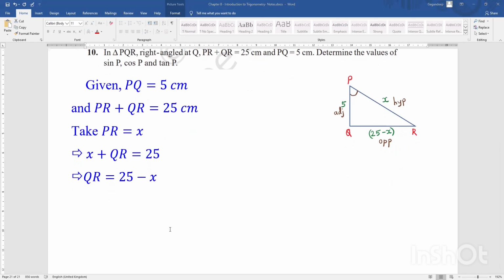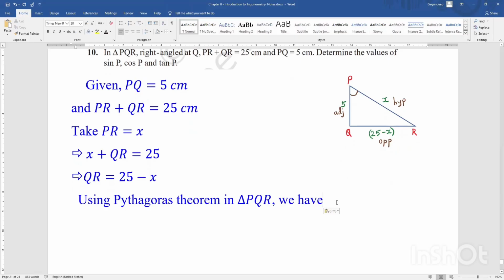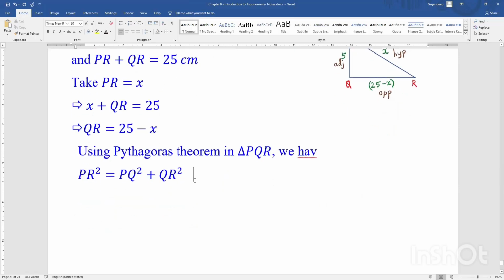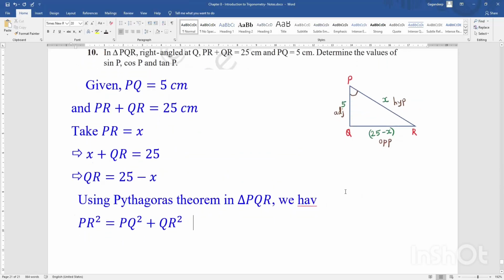So now using Pythagoras theorem in PQR, we have PR square is equal to PQ square plus QR square.